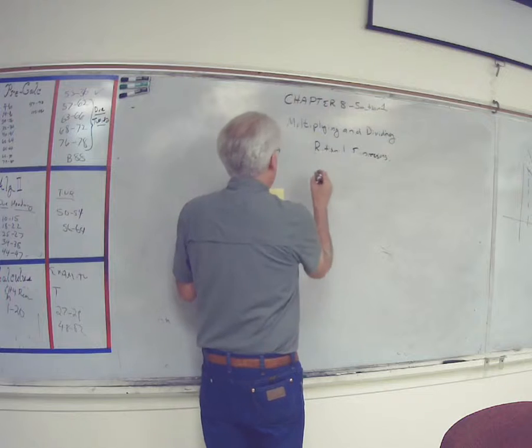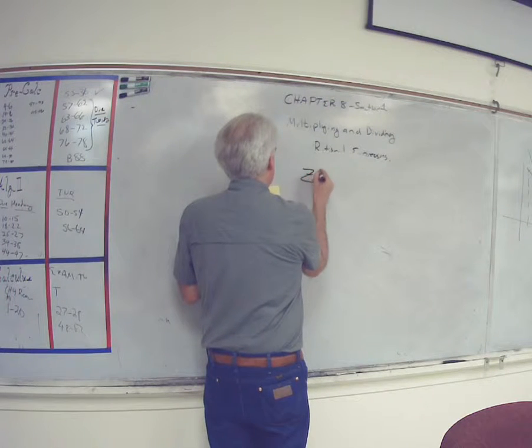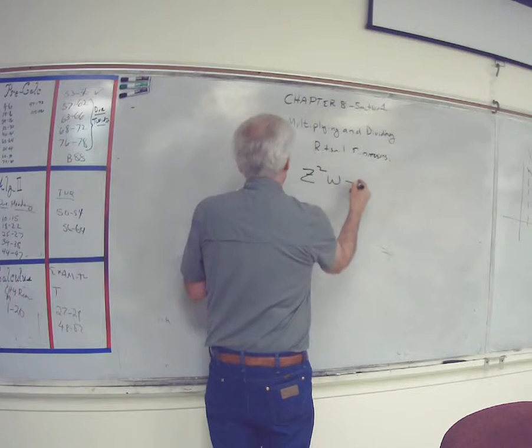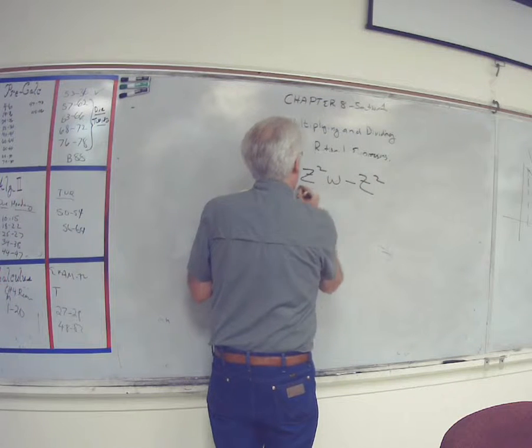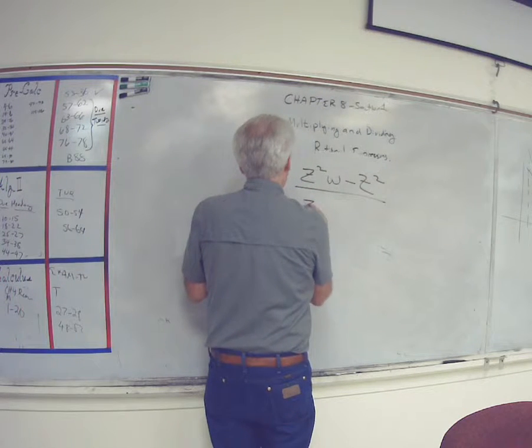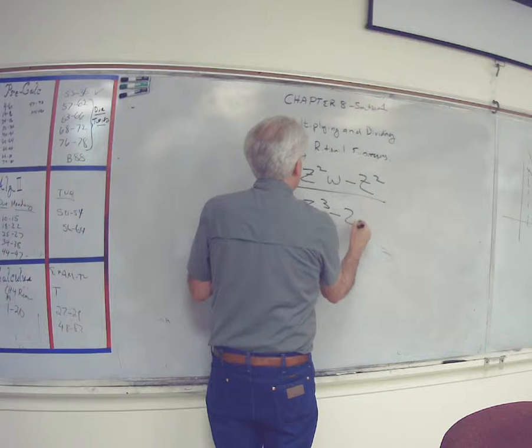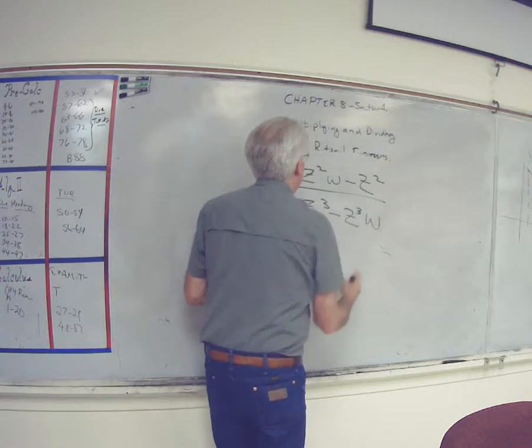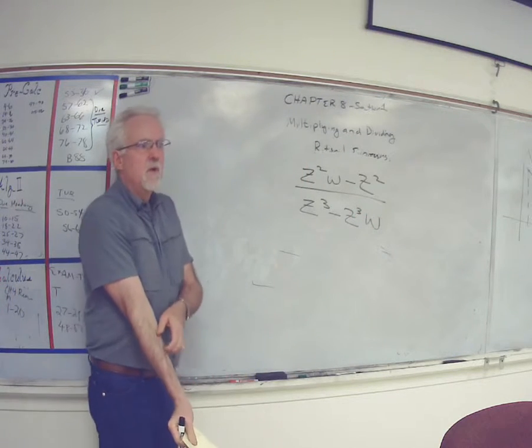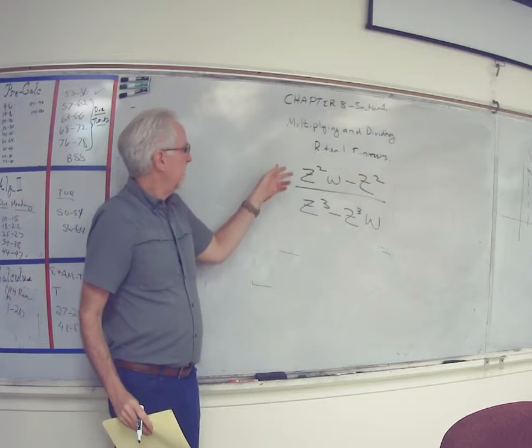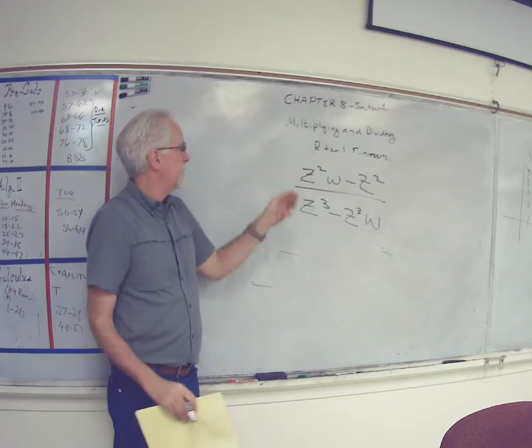Okay? What if I have z squared w minus z squared over z cubed minus z cubed w? All right? So, Tanner, look up here at the denominator and tell me what you could do up there.